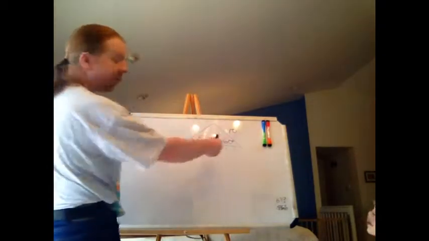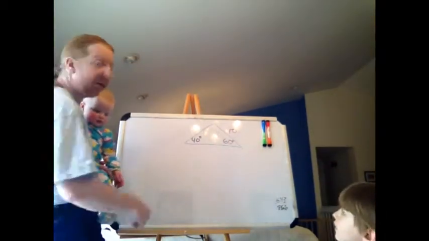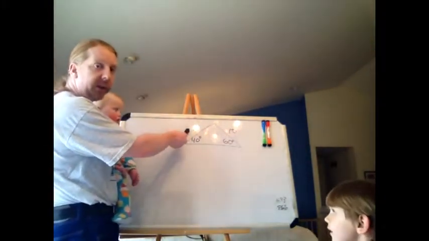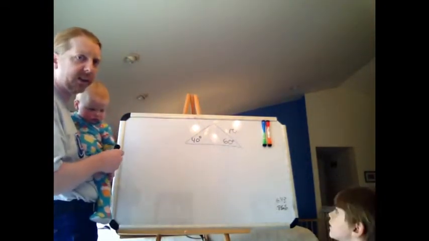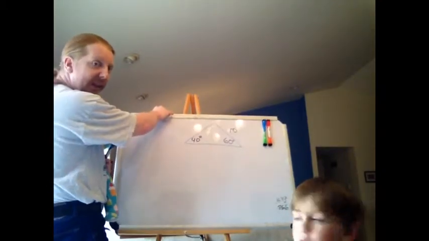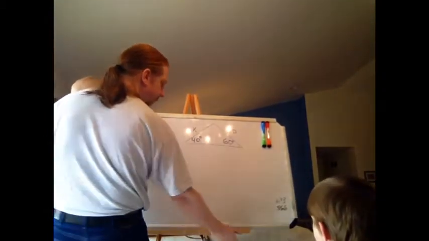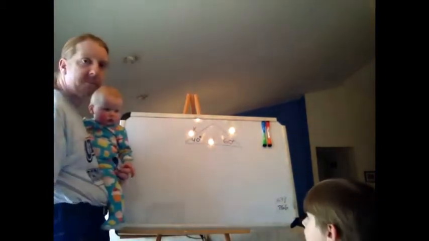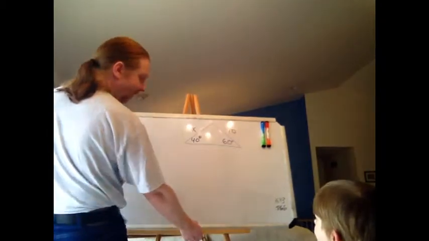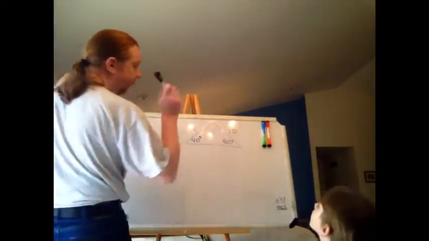Alright, so there's our triangle. We've got two angles we know, right? We've got this X up over here, currently hidden in the glare from the overhead lights. So there's X. What we're going to do is try to figure out that X, given 10, 40, and 60.